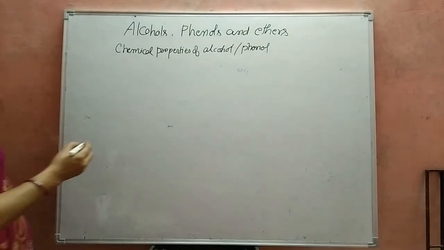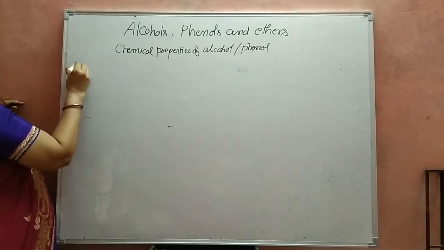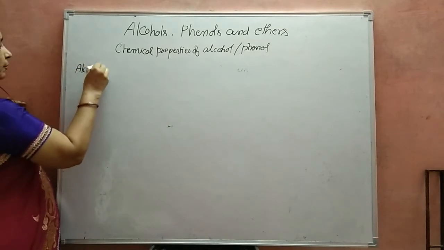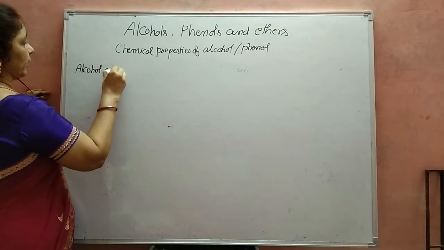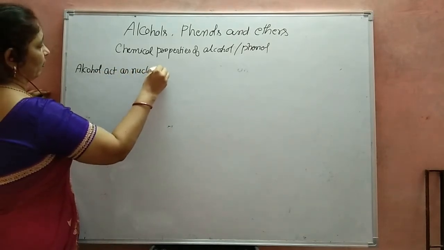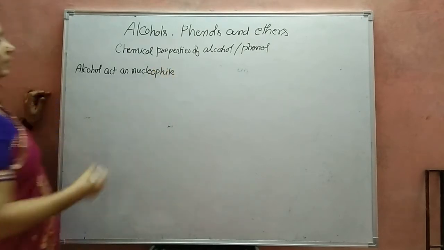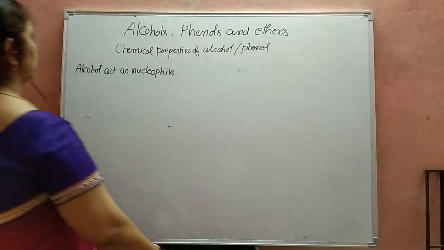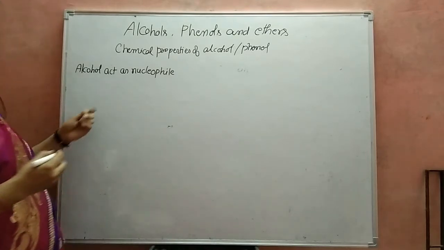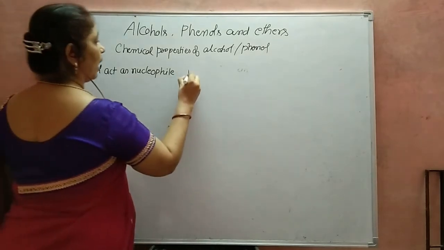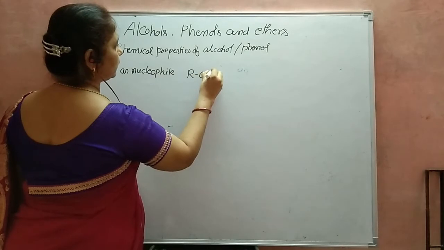First of all, we see that the alcohol acts as a nucleophile as well as an electrophile. First of all, we see how this will act as a nucleophile. Suppose ROH.